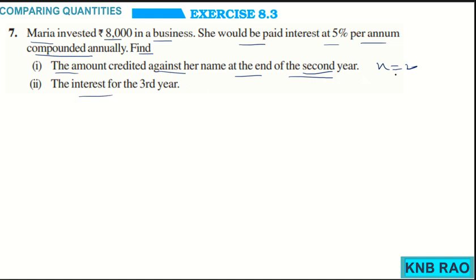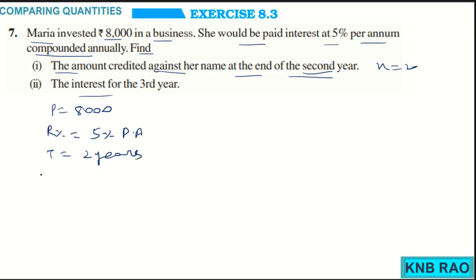So first let us find the amount by the end of the second year. For the principal 8,000, rate of interest 5% per annum, compounded annually, time period 2 years.